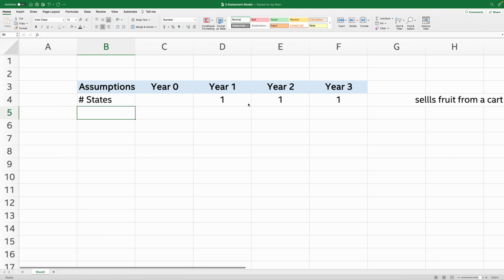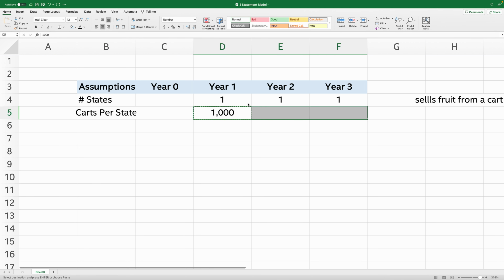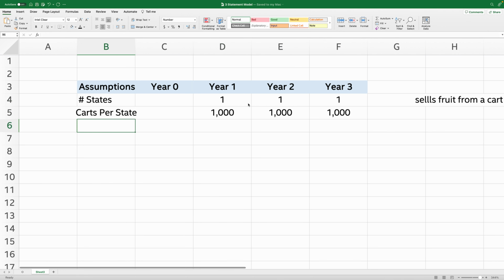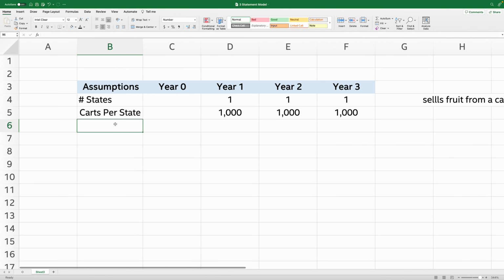And then let's say carts per state. Let's say they have like 1,000 fruit carts per state. Okay. And then we'll go with average revenue per cart.